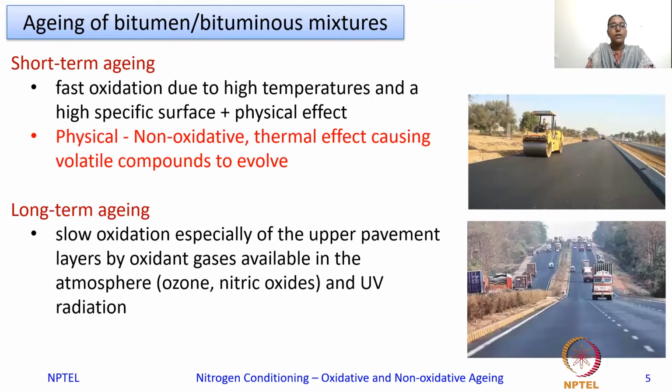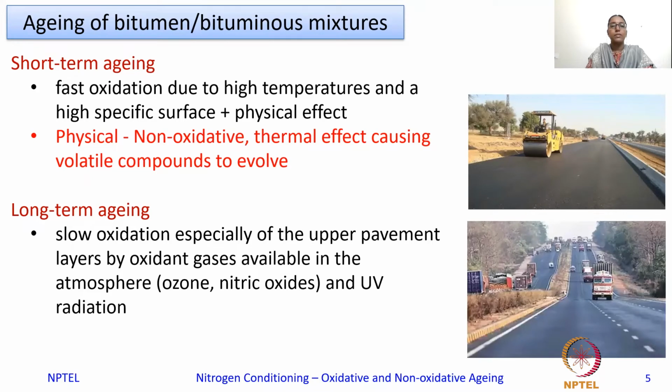Of these, during short-term aging, essentially two things happen. One is the fast oxidation of the material, and the second is a non-oxidative or thermal effect. This oxidation happens because of the high temperature and also the large specific surface of the bitumen available at these high temperatures.